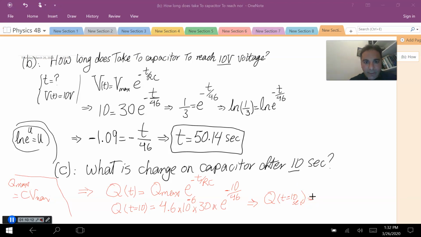okay, I'll figure out what is happening. My drawing doesn't work. So let me finish this. 4.6 times 30 times, let me open parenthesis, e to the power of negative 10 divided by 46.